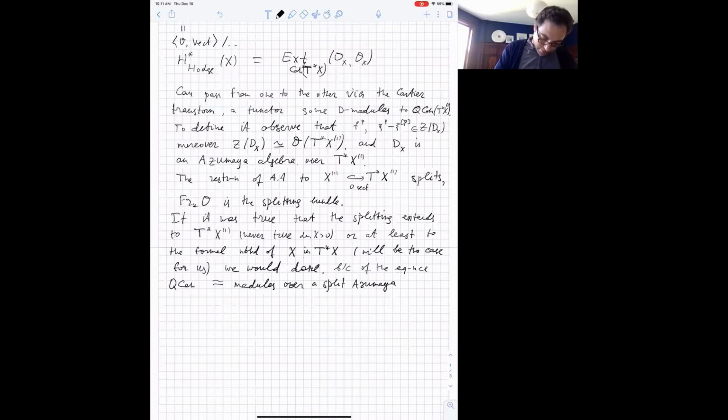And here, it's easy to see that under this equivalence, O_X with the trivial connection would go to O_X. And so just transporting the Ext by this equivalence, we would get the Deligne-Illusie isomorphism. So Deligne-Illusie follows from applying the equivalence.